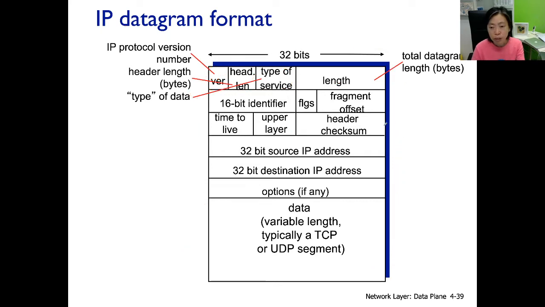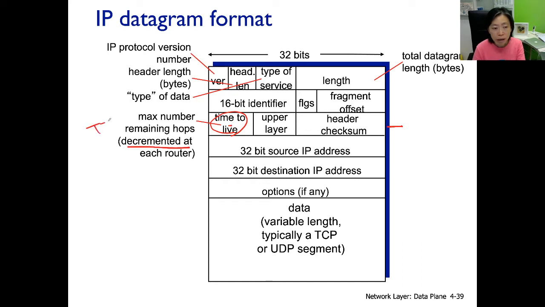Now let's switch gears and take a look at the fields in the third row. First is time to live. This field is very, very special. We've never seen it before, and it probably only makes sense at the IP layer. We decrement the value of time to live, TTL, by 1 after a packet passes through a router.